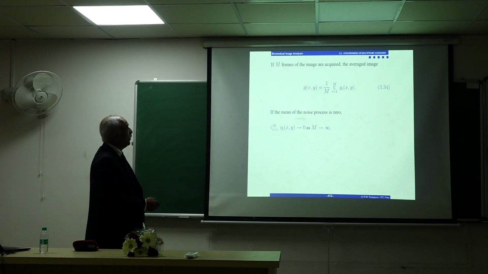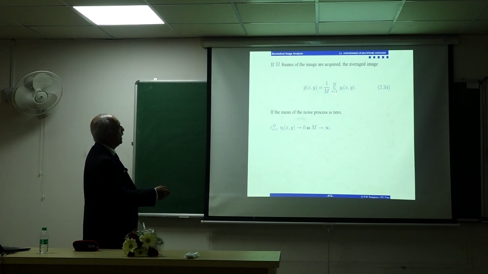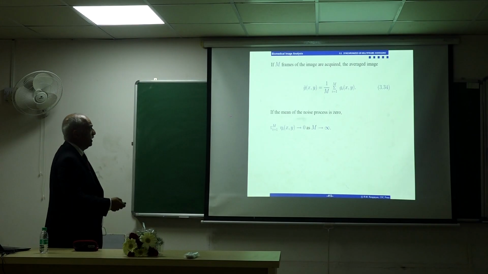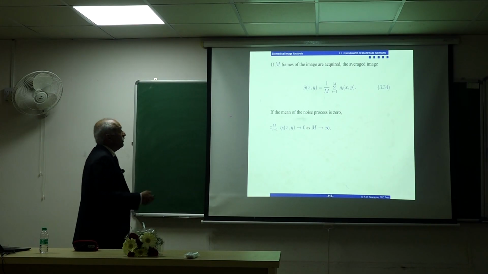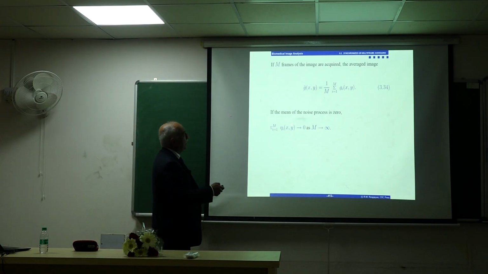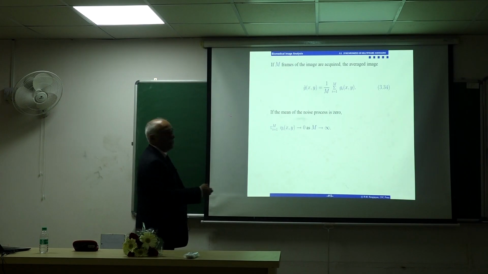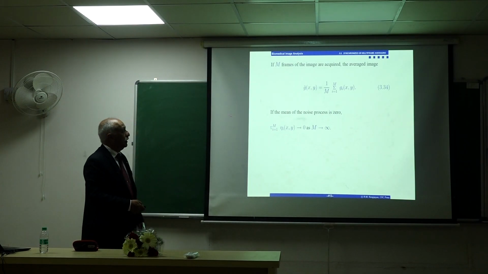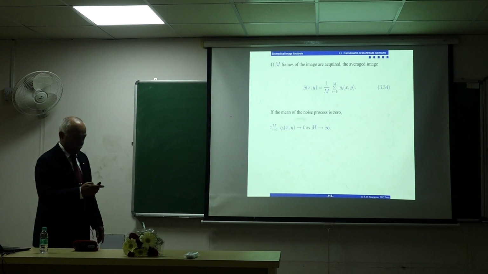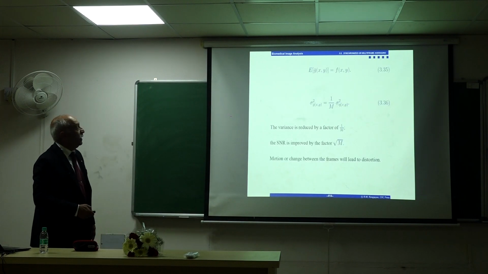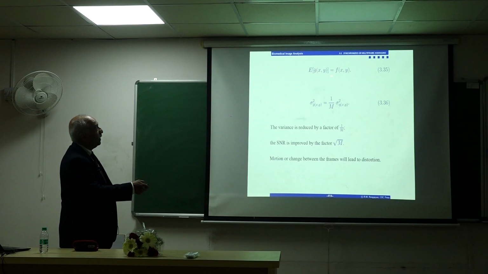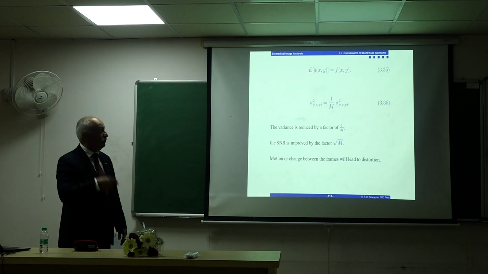If m frames are acquired, g bar(x,y) is 1 over m, i going 1 to m, g_i(x,y), just adding all the frames and dividing by m. If the mean of the noise is 0, then the average of the noise will tend to 0 as m tends to infinity, or is large. Then the expectation of g bar is equal to f, the original image.